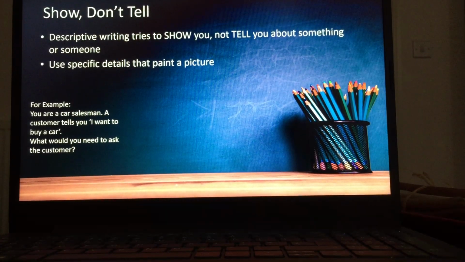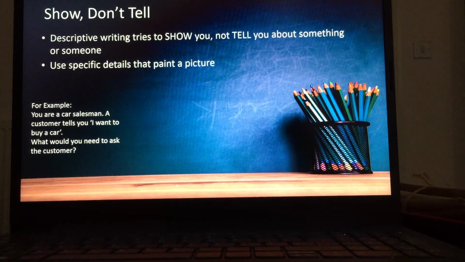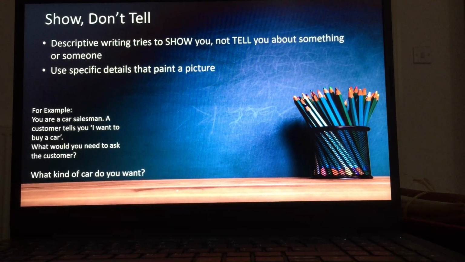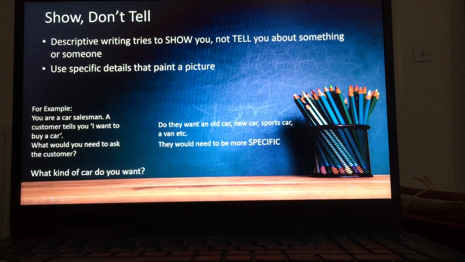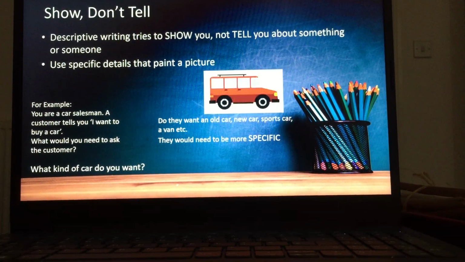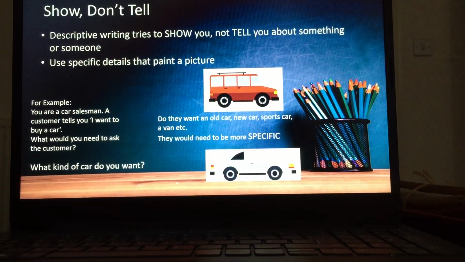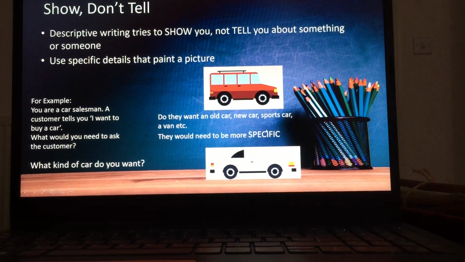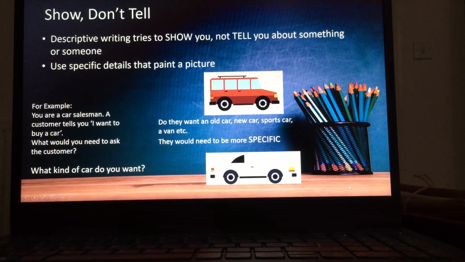Not very specific. What would you need to ask the customer? What kind of a car do you want? Again, not very specific. Do they want an old car, a new car, a sports car, or a van? The customer would need to be more specific in their description of what they want.